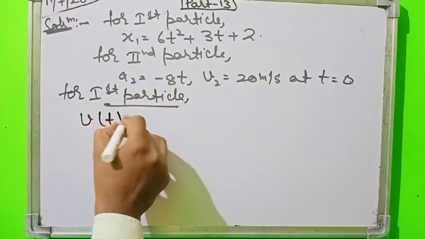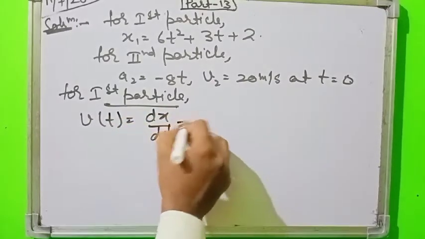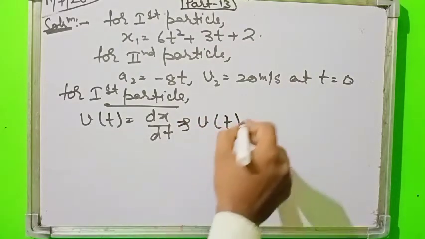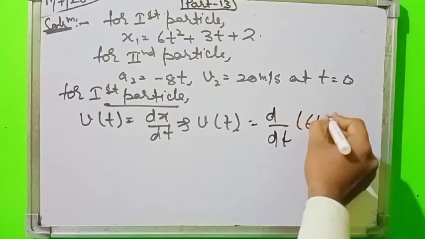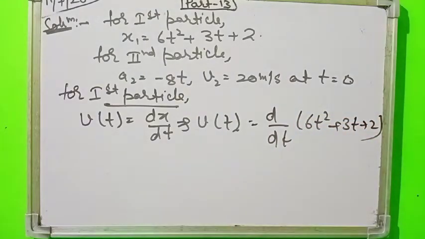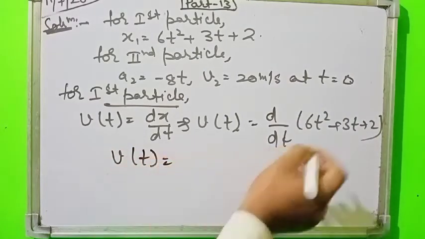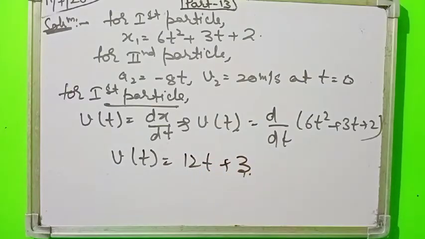Velocity as a function of time is equal to dx upon dt, or you can say that v(t) is equal to d upon dt of 6t square plus 3t plus 2, and on differentiating you will get v(t) is equal to 12t plus 3. This is about the first particle.